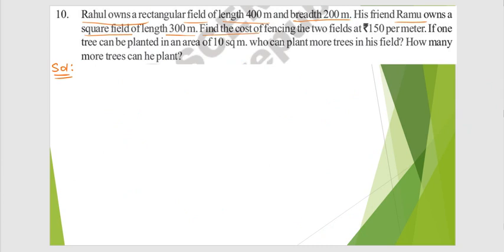So find the cost of fencing the two fields at 150 per meter. Cost of fencing, so fencing means, where will you construct the fencing? You will construct the fencing along the boundary, right? Along the boundary means again you need to go through the perimeter. So you need to understand where to use area and where to use perimeter, right?